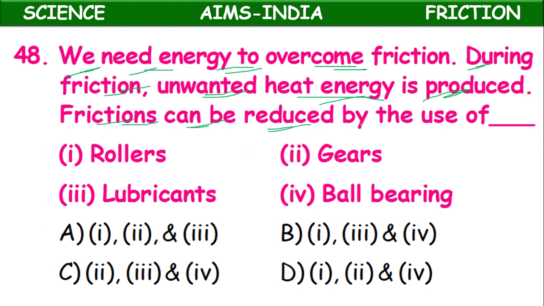Friction can be reduced by the use of rollers, gears, wrong. Gears, with the help of a small wheel, we run a big wheel. For that purpose we make use of gears, not for reducing friction. Lubricants, yes. Ball bearings, yes. So answer 1, 3, 4. Option B.